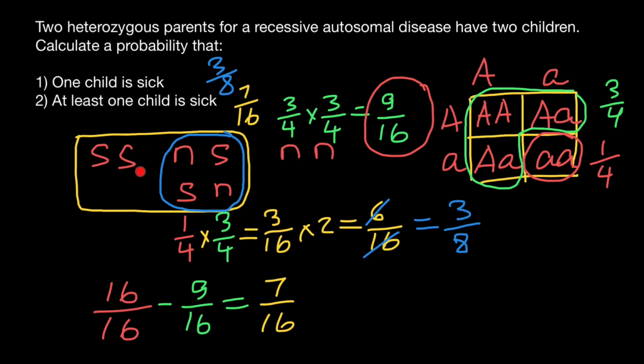The probability and frequency of the event that the first child and second child are going to be sick is 1/4 times 1/4. It's going to be 1/16. 1/16 plus 6/16 is going to be 7/16.